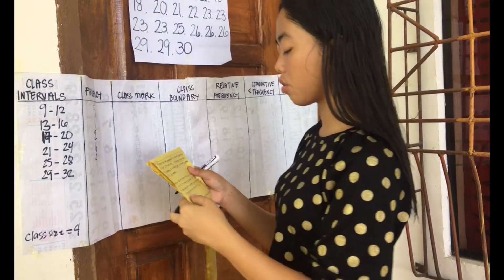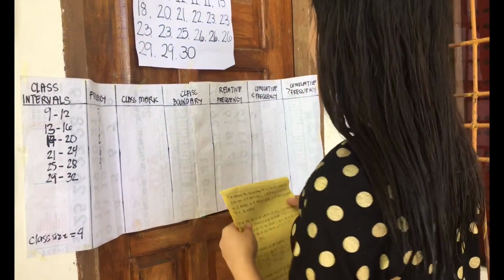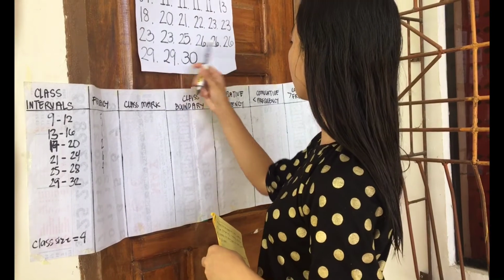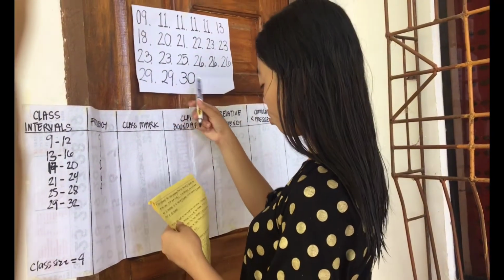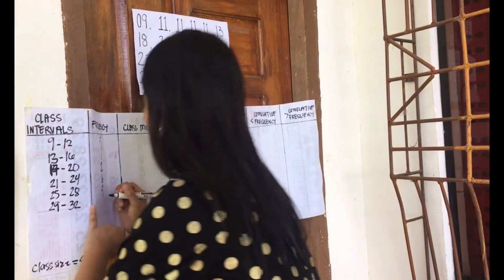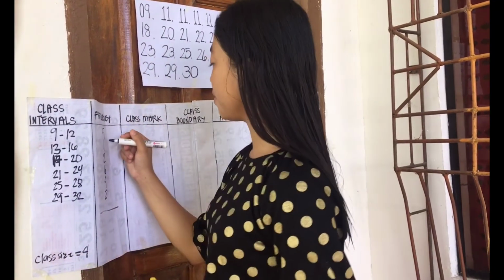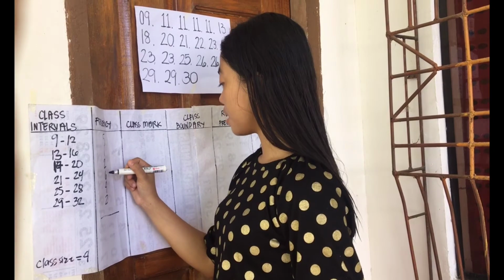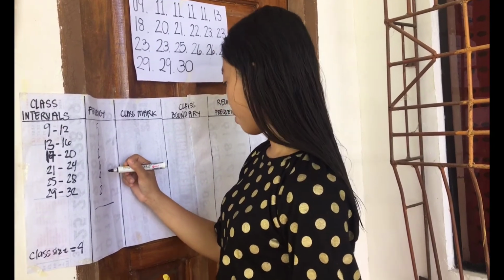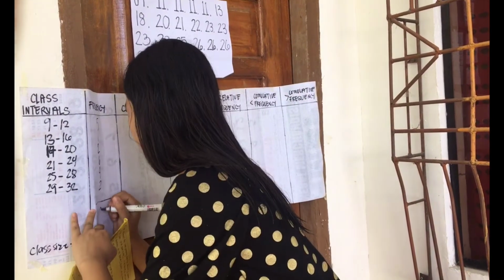And from 29 to 32, we only have 2 students. The total is 5 plus 1 plus 2 plus 6 plus 4 plus 2, which is equal to 20.